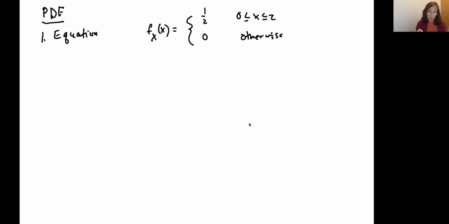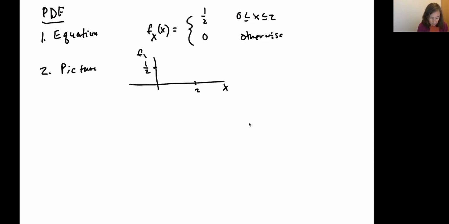Another, equivalent way to get the same information is with a picture. For the same random variable, we could be shown a picture with x on the x-axis and f of x on the y-axis, and be told that this green function is our PDF.